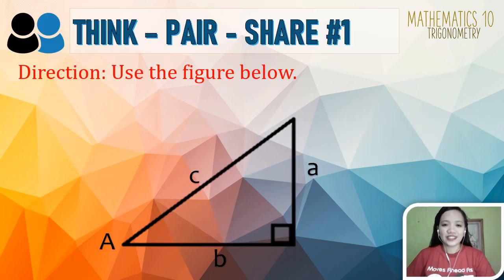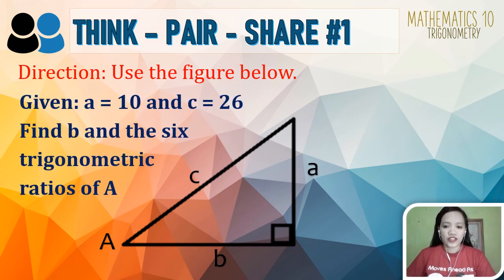Okay. So next activity, use the figure below. So this is our problem. Given A equals 10 and C equals 26, find B and the 6 trigonometric ratios of A. So again, side A is equal to 10, side C equals 26, and you need to find the 6 trigonometric ratios.